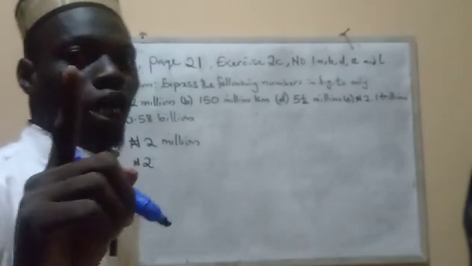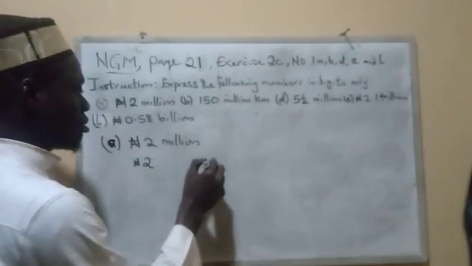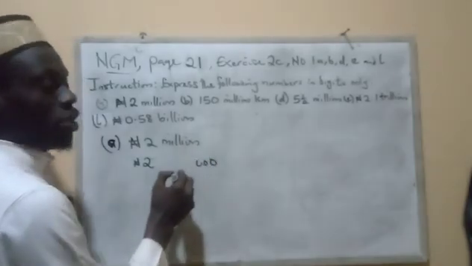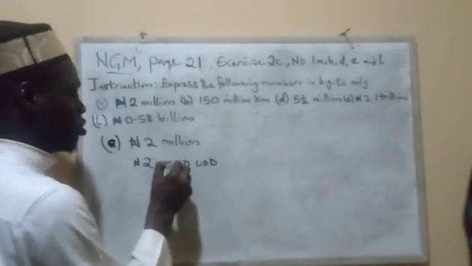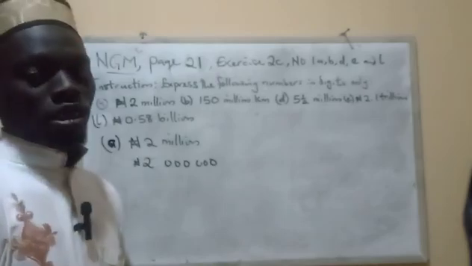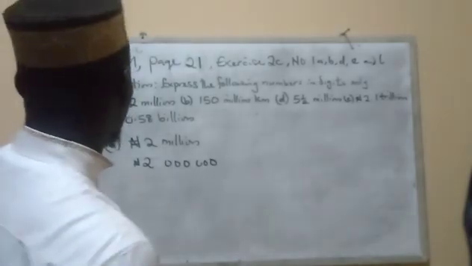And don't forget, we have to write this in threes. So we start 1, 2, 3. We leave a space, then 1, 2, 3. With this, we are done with the first part of question number 1, A. So we move to B.